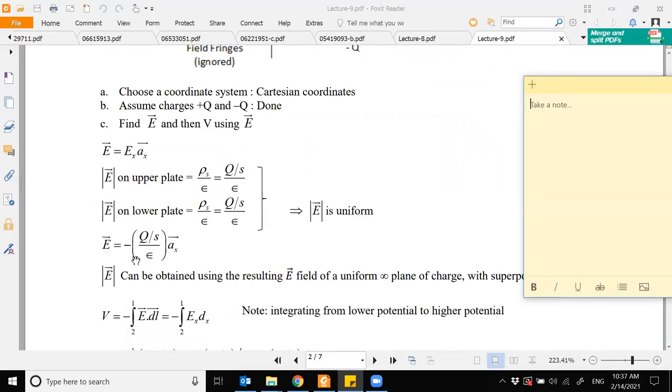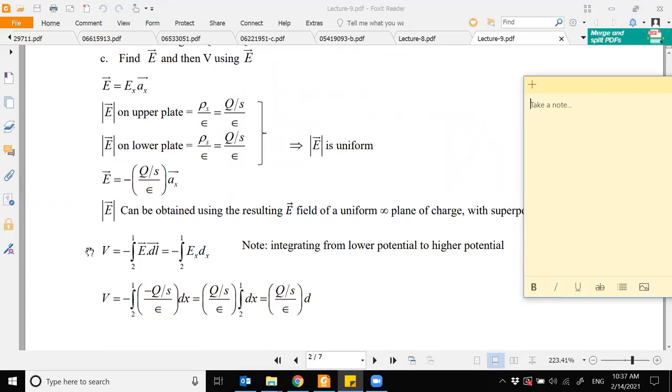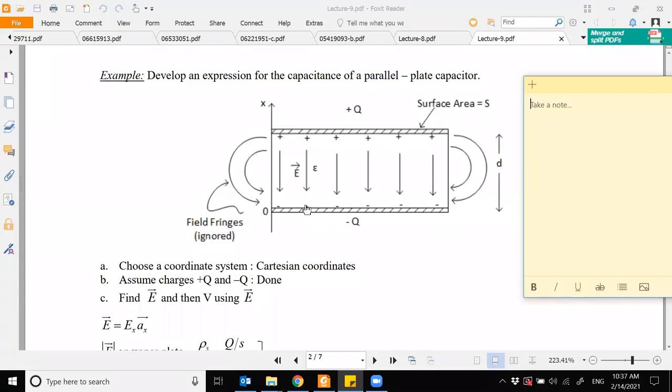Now, once I got the electric field, I want to find the potential difference. And the potential difference is minus integral, lower potential 2 to upper potential 1. So this is my lower potential 2, and this is my upper potential 1.